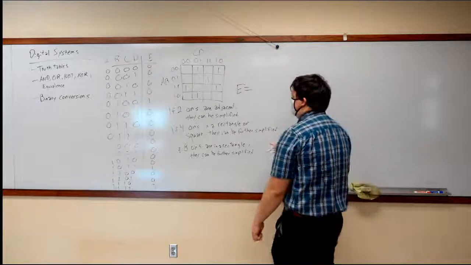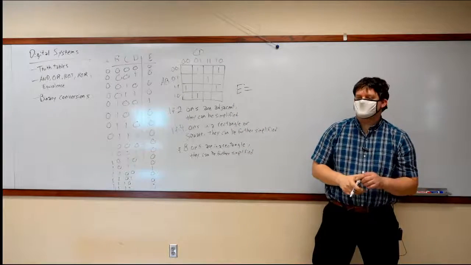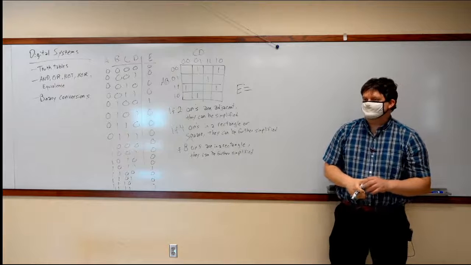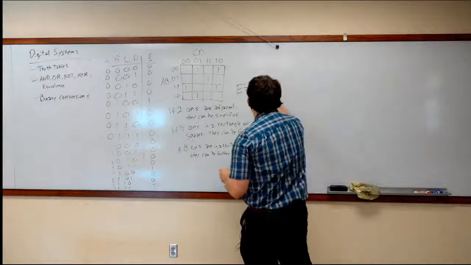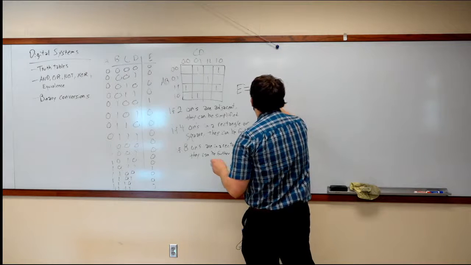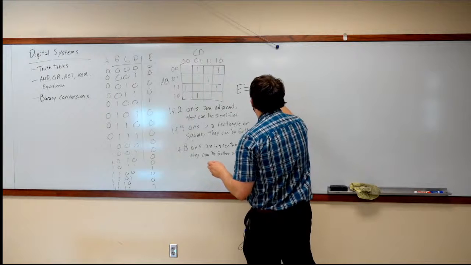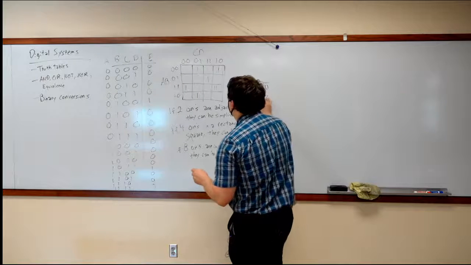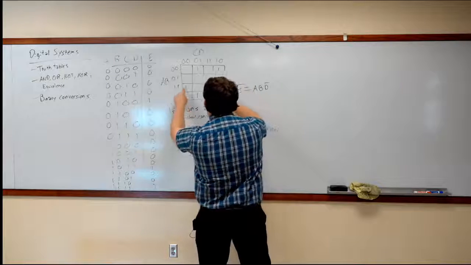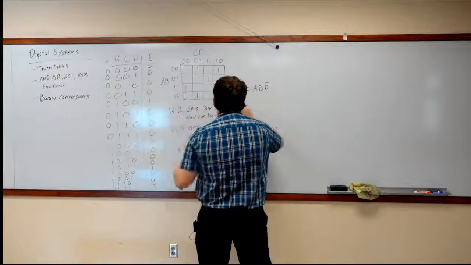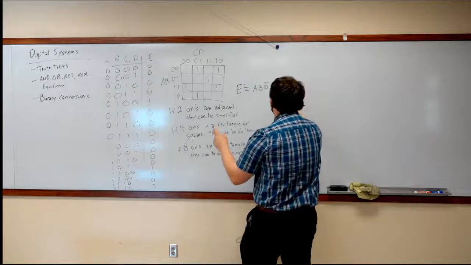So what is the answer to this? What'd you get, Jonathan? I don't think it's very right. I got A, B, D naught plus D naught, C naught, D. Hold on, what's the first term? A, B, D naught. A, B, D naught represents these two. Yep. Okay, so you got these two? All right, so what's the second term?